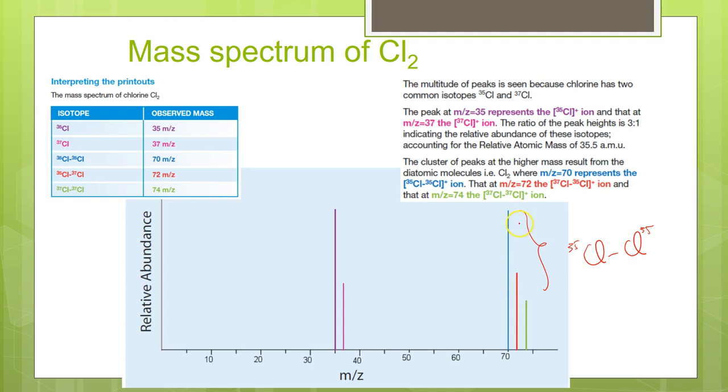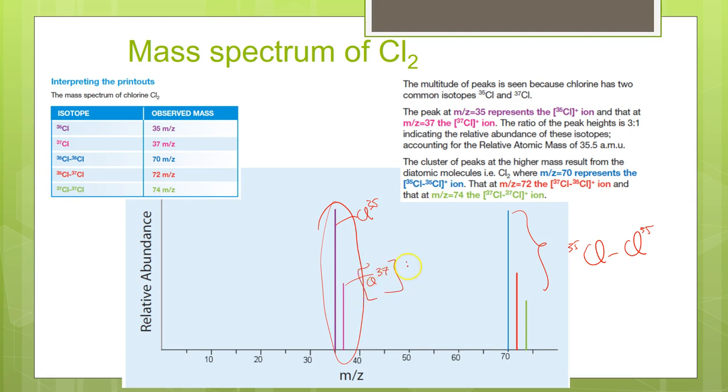So because we have very abundant different isotopes of chlorine, we can see this isotopic distribution around the parent ion. The other peaks that we see down here are, of course, this one at 35 is one chlorine atom, chlorine 35, and one chlorine 37.